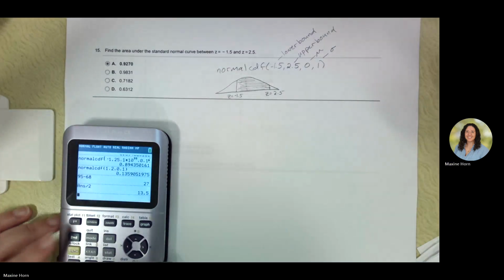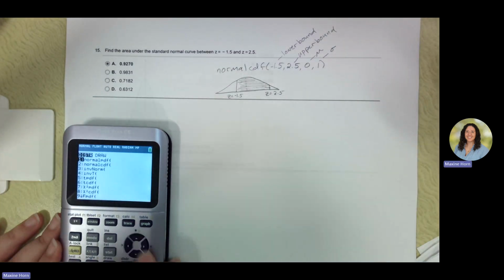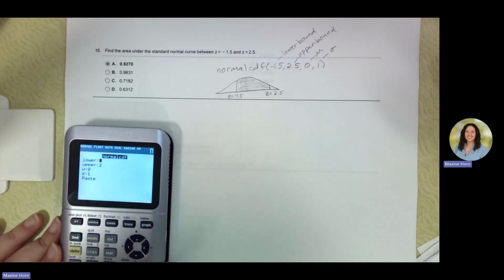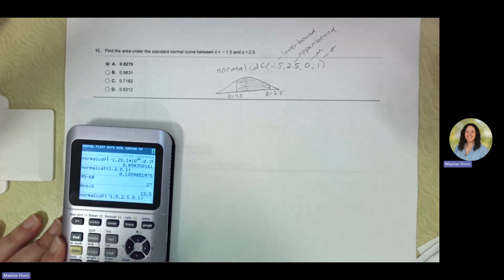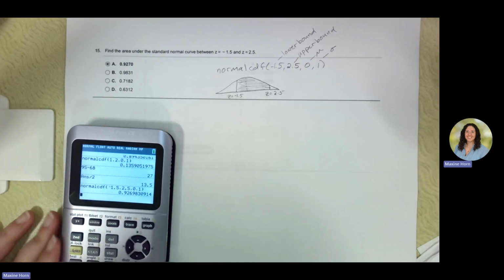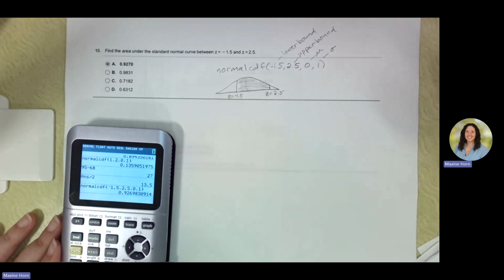We go into 2nd Vars, which is our distribution menu, and down to normal CDF. We give it our lower bound of negative 1.5, our upper bound of 2.5, and we leave our mean and standard deviation as 0 and 1. And that's how we're getting 0.9270 if we round to 4 decimals.